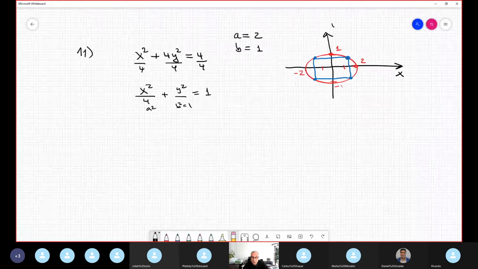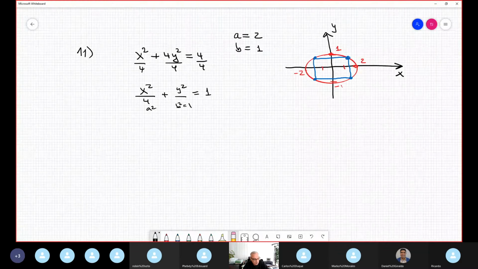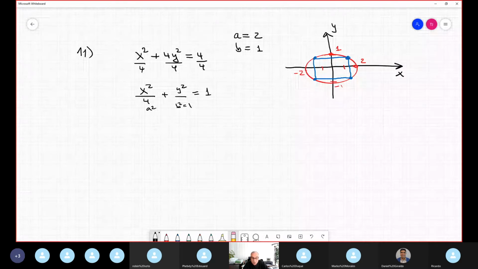Okay, this is the famous rectangle inscribed in the ellipse, and I need to maximize its perimeter. So the blue part, the blue length, the blue material, maximum. Entonces, we have again two functions. Objective function.